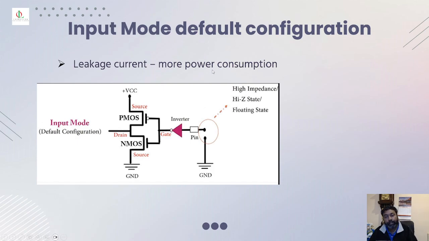To avoid that, you could either connect to the ground, or connect to a pull-up resistor and then to the VCC. Try to make it either 0 state or 1 state. So this is about the leakage current, that's what we talked about earlier. By default, all the GPIOs come in input mode. So if you want to change to output, you need to tell the program that it's going to be configured for output.